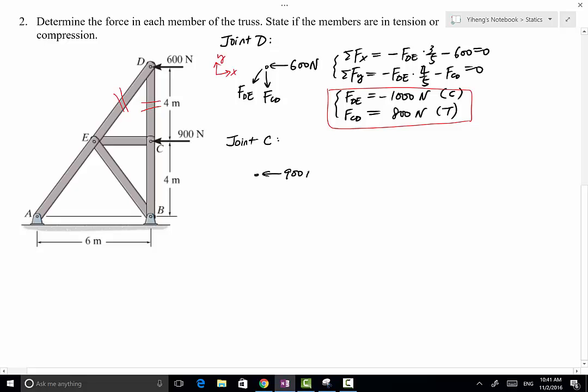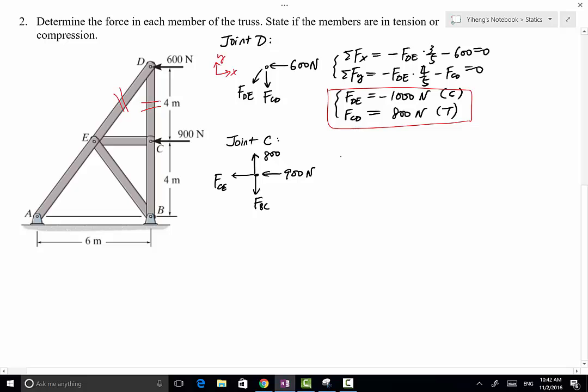Here is the applied 900 Newton force. Now, CD has already been solved for, that is 800 tension. So in that direction, we always draw the correct direction for the known forces. The 2 unknown forces, we assume they are in tension as well. This is relatively easy to solve because we only have force components along the X and Y direction.